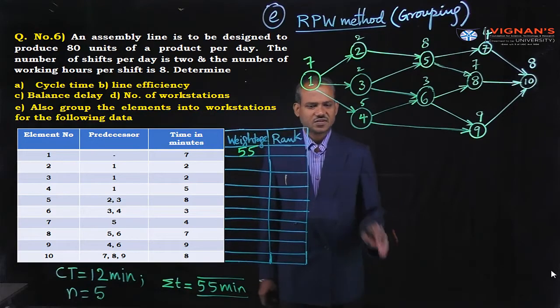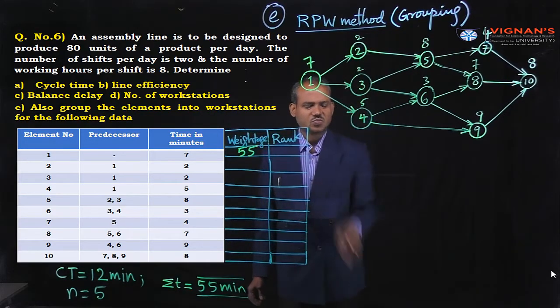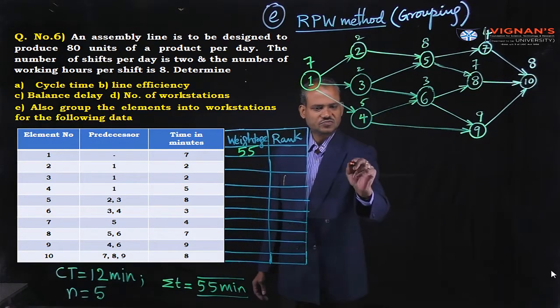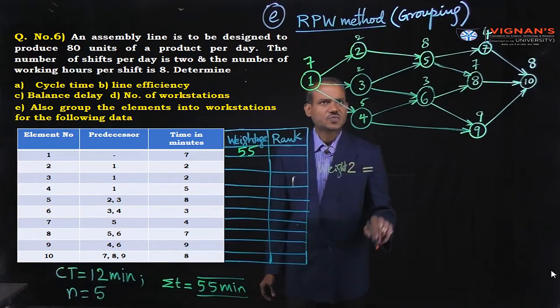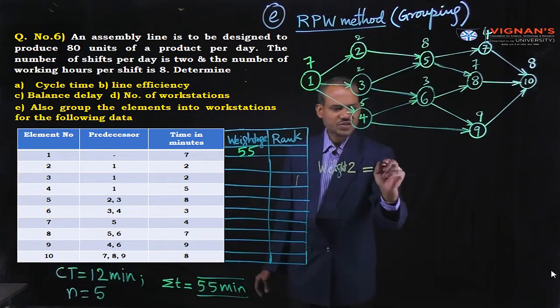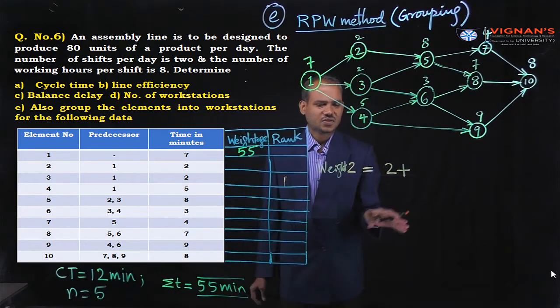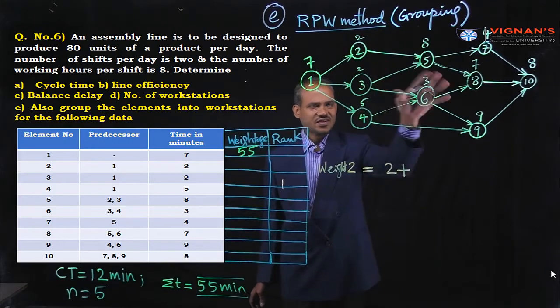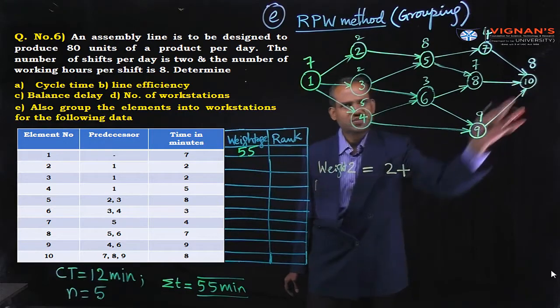Okay, next come to work element number 2. How to calculate the weight of work element 2? It is the time of this work element number 2, that means 2, plus the sum of all successor element times until the last element.